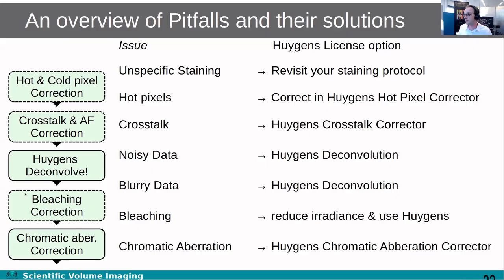Then the bleaching correction is incorporated into the deconvolution. Finally, you want to do the chromatic aberration correction. There are some cases in which you can use a different order, but this order just gives you good results in the majority of cases. And so it's important that you stick to this order unless you know good reason not to.